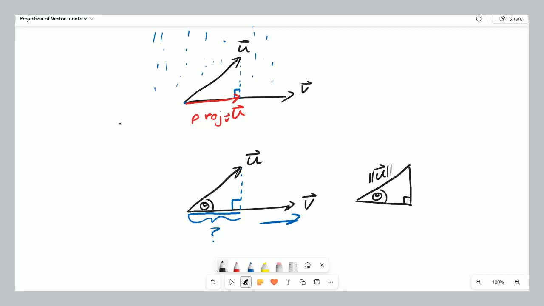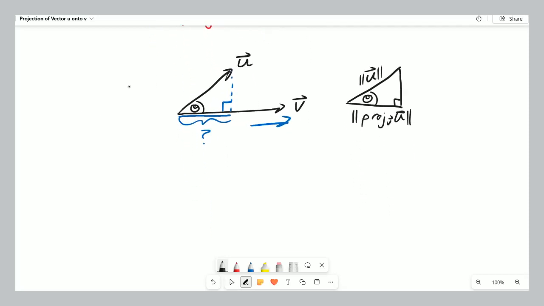And if we want the magnitude of the projection of u onto v, well, we know that the cosine of theta is equal to the adjacent side, which is the projection of u onto v, divided by the hypotenuse, which in our case is u.